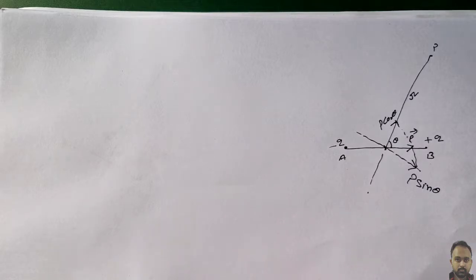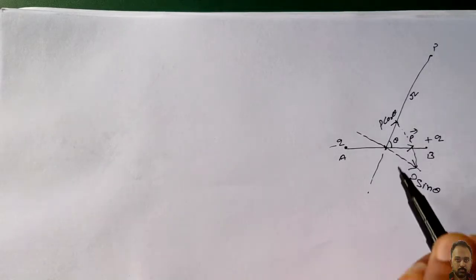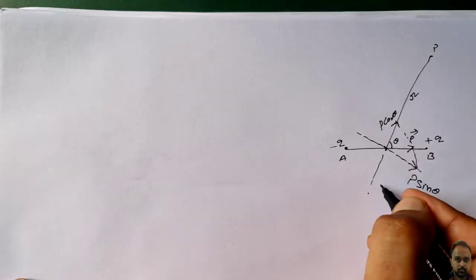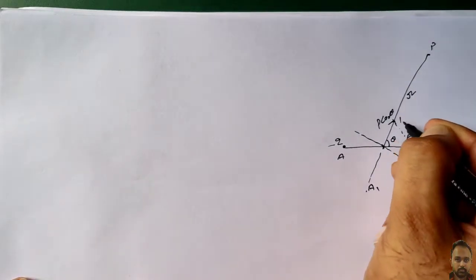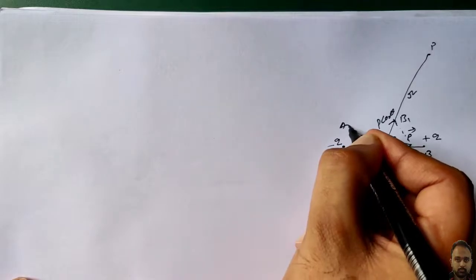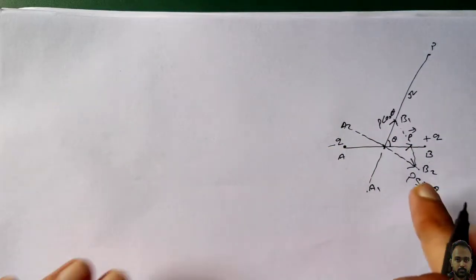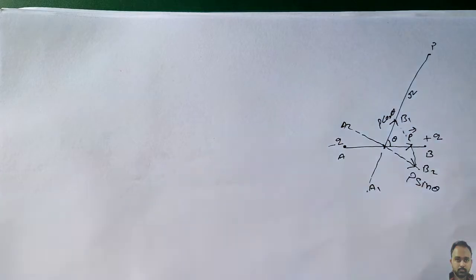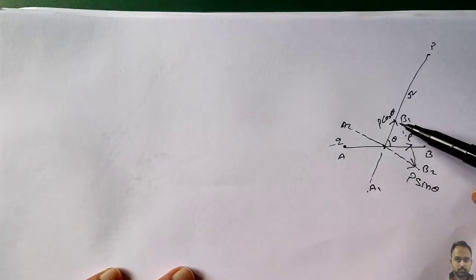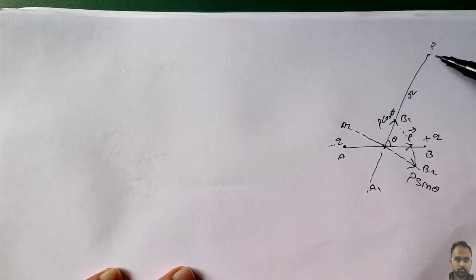So now we have two more dipoles, we can see. Original dipole is AB, and one dipole is A1B1 and another is A2B2. Now we have to forget this AB because we have resolved it into two components or two dipoles. Now we have A1B1 and A2B2. तो ऐसा करने से कैसे ये टॉपिक इजी हो गया, because look here, A1B1 is the dipole, and you see this point P lies on the axis of this dipole.